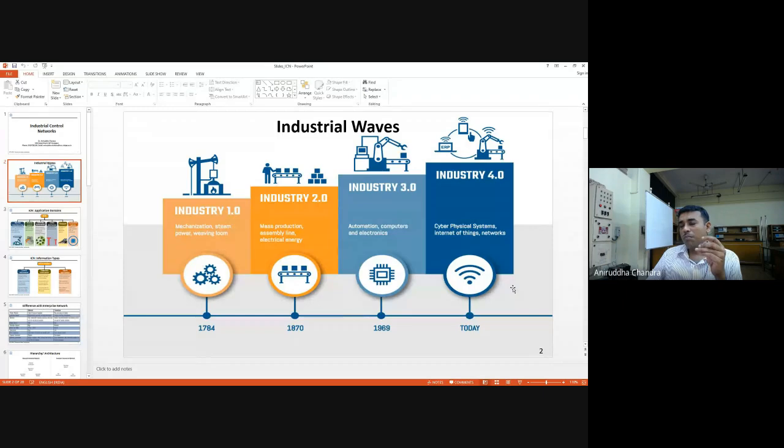Now, not long ago came Industry 4.0, and it took around 50 years to reach the next industrial revolution. This next industrial revolution is not only about better software. We have something called cyber physical systems. What are cyber physical systems?